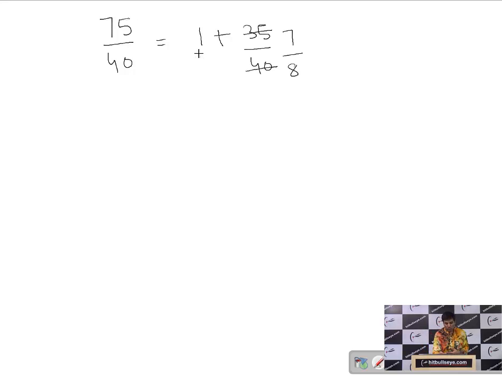Now since 1 is 100% expressed as percentage and 7/8 we know is 87.5%.